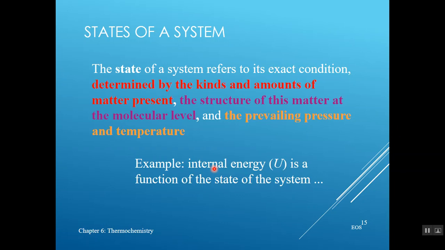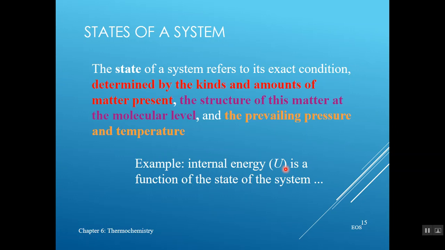Let me clarify something here, because I'm quite sure in your introductory or high school chemistry, you learned about the states of matter: solid, liquid, and gas. Well, that is true, but that is not encompassing the actual definition of what a state is.